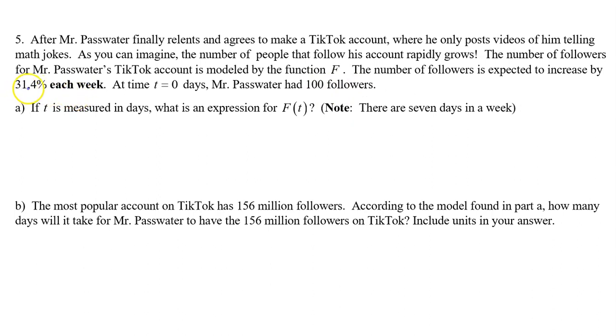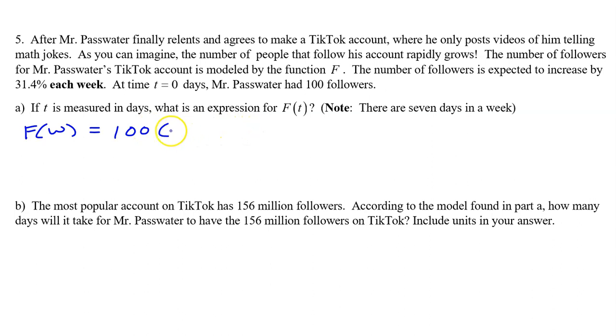Since they gave us the growth rate in weeks, I'm going to begin by writing the model in weeks, and then I will convert it over to days. So I'm going to say f at w for weeks. The initial number of followers is 100 at t equals 0 days, t equals 0 weeks. Either way, it's 100.